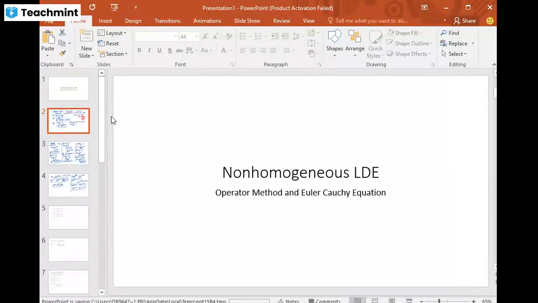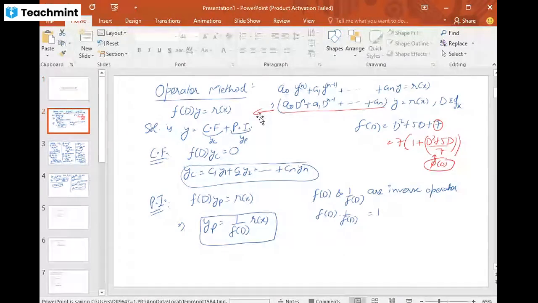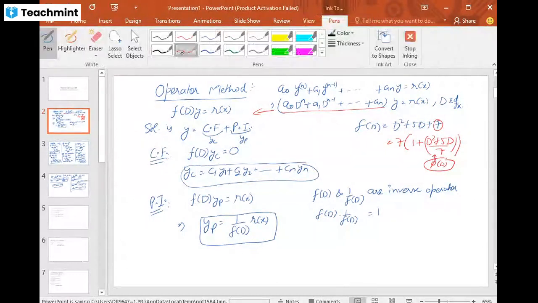So firstly, I'll just recapitulate what kind of non-homogeneous differential equation we have. The general non-homogeneous differential equation can be written as f(D)y = R(x). Here f(D) is nothing but a polynomial in D, because in general we are assuming the nth order differential equation as a0 times the nth order derivative of y plus a1 times the (n-1)th order derivative of y, and so on, plus an y equal to R(x).